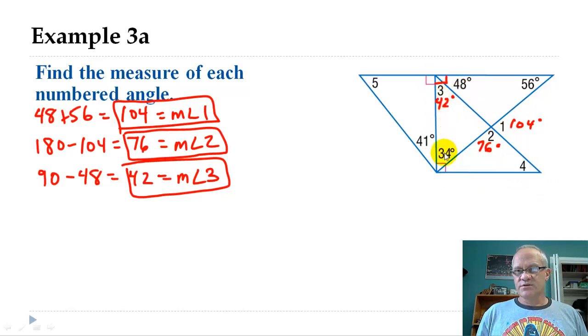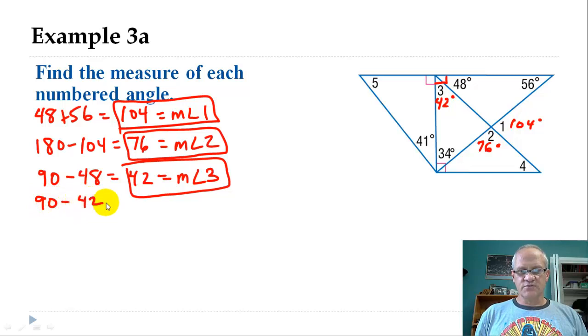You've got 42 degrees up here. Down here, the whole thing is 90, and then there's 4. So instead of looking at that small triangle, look at the big triangle. Remember one of the corollaries that we just looked at: if you have a right angle in the triangle, the right triangle, the other two have to add up to be 90, right? So here's a right triangle, 90 degrees. That means 3 and 4 together are supposed to be 90. So I can do 90 minus 42.